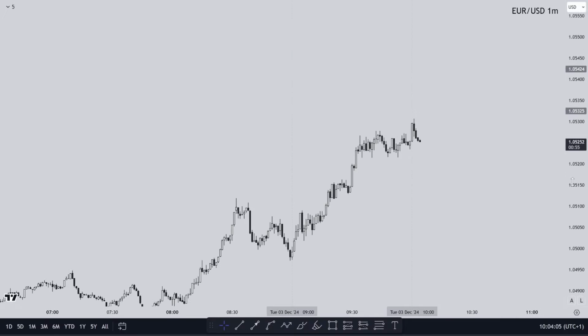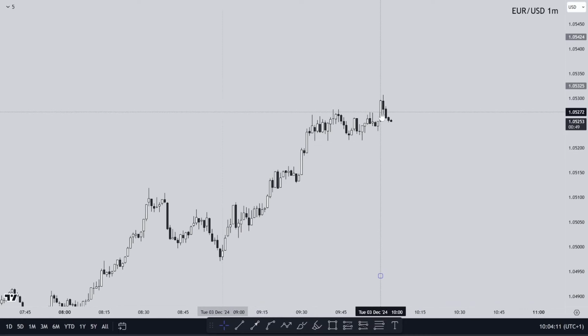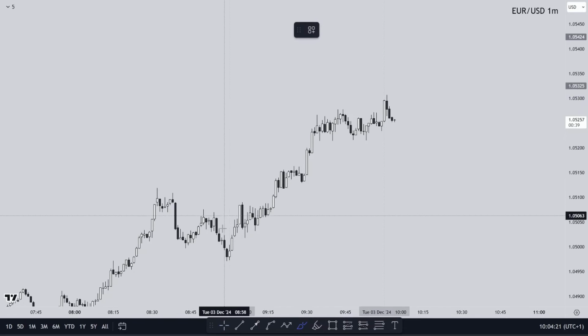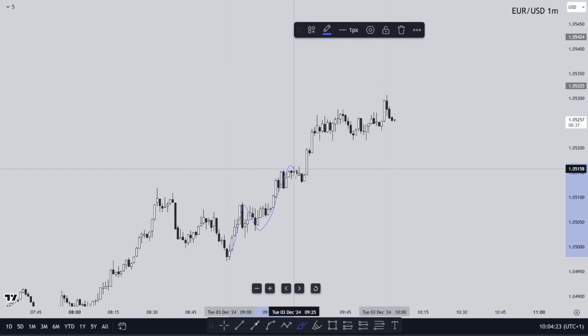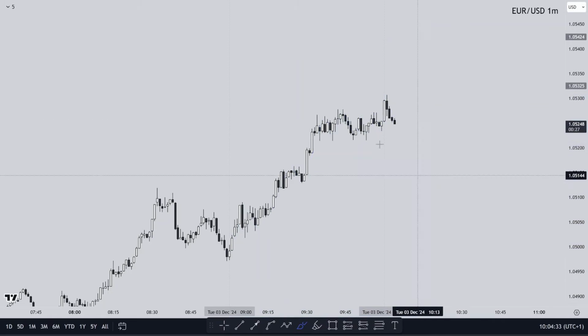And as you can see, during the London opening, we have a really sharp movement to the upside. And right now, price is trying to manipulate this level. You can see this is the up movement of the London opening. Now price is ranging, and now it is manipulating. So I want to show some bearishness, right?